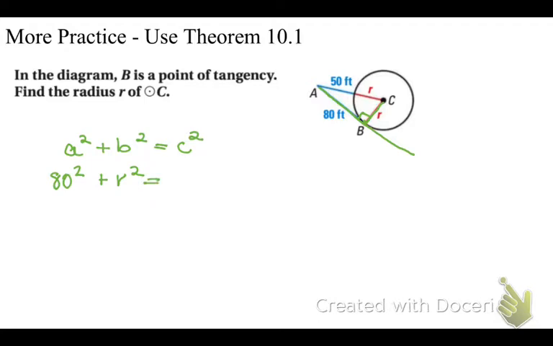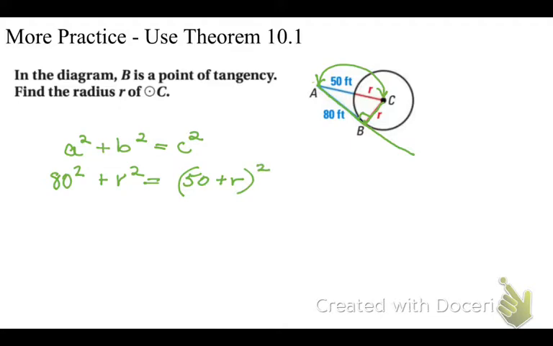What we want is the length of this whole line, and that whole line is 50 plus R. Okay, it's not just 50, it's not just R, it's 50 plus R. So we have to square that whole thing.